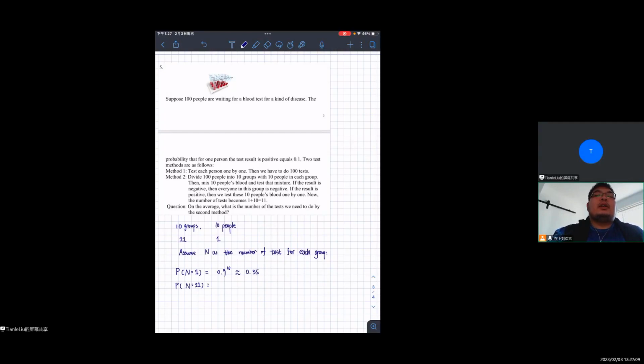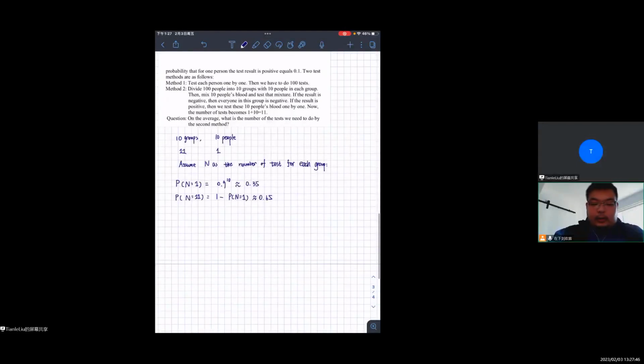This is the complement of the all-negative situation, that is, not all negative. So we only need 1 minus the probability of n equals 1. It is rounded to 0.65. That's the probability of doing 11 tests for that group.